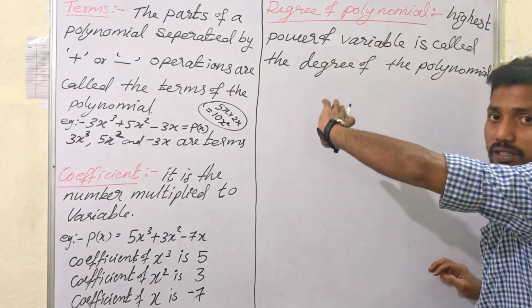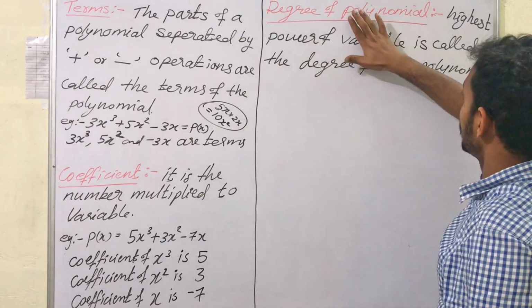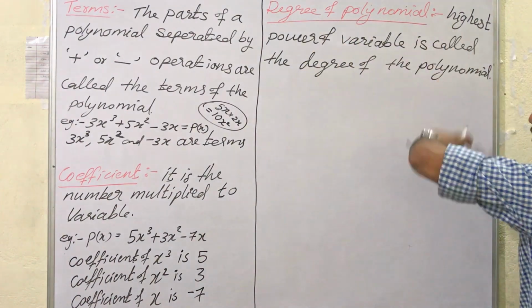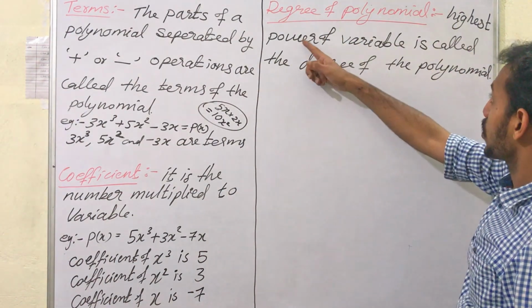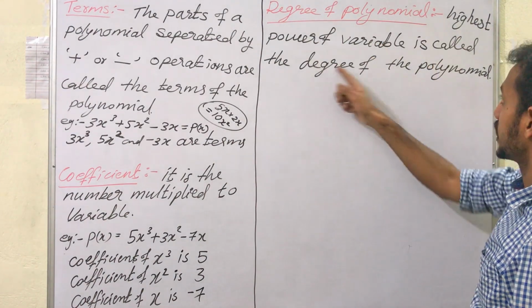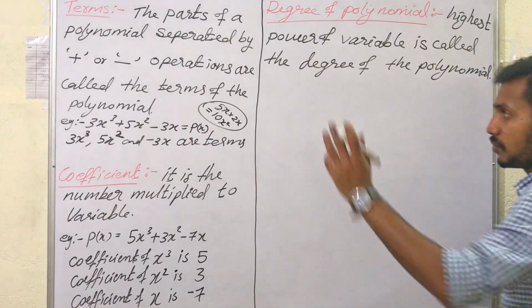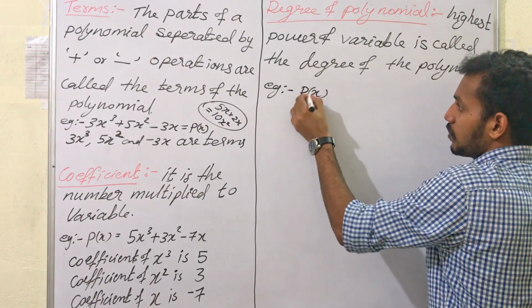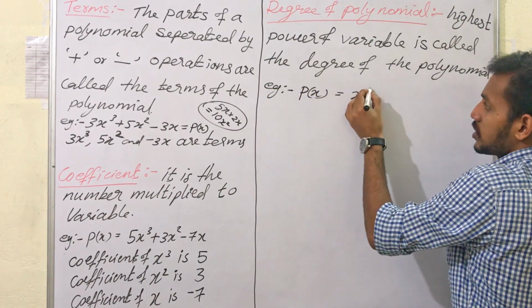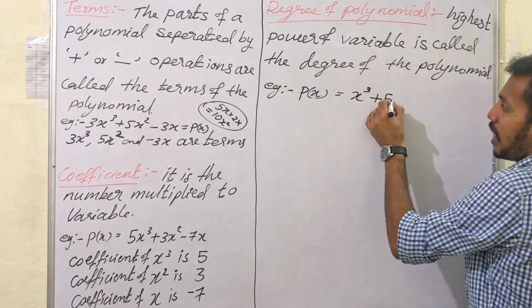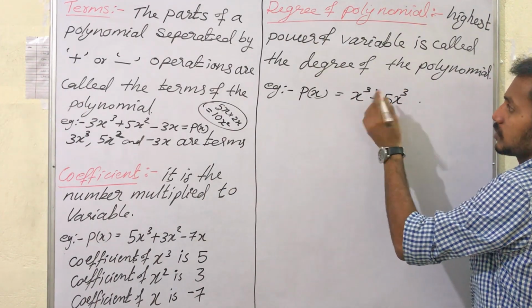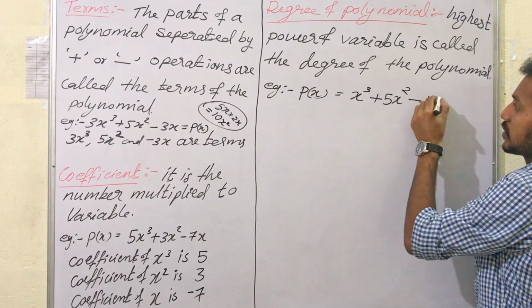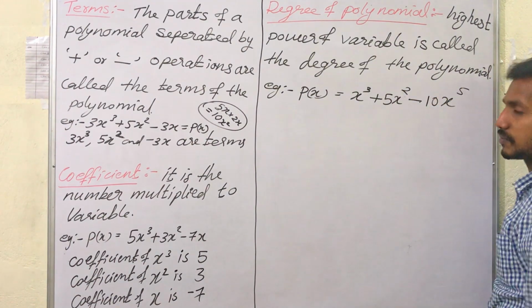Next we are going to discuss a very important term related to polynomial, that is the degree of a polynomial. The highest power of the variable is called the degree of the polynomial. For example, to understand this, let's take an example. P of x is equal to x raised to 3 plus 5x square minus 10x raised to 5.